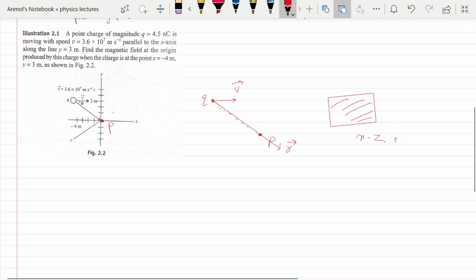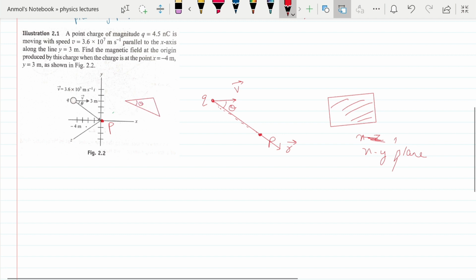I'm sorry, this will be the XY plane. So what is the angle here? I am interested in finding the angle theta. As you can see from here, this is a right triangle where I am interested in finding this angle theta.